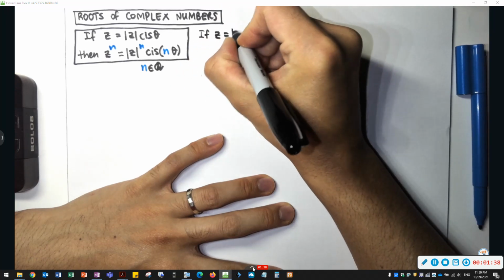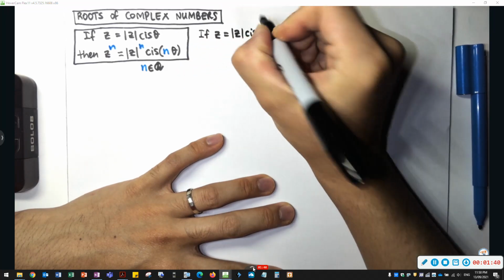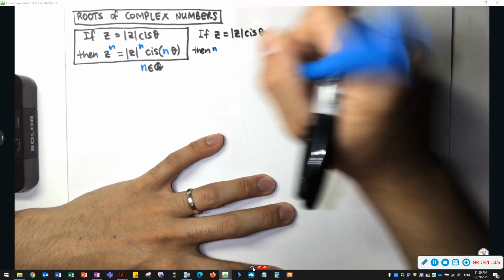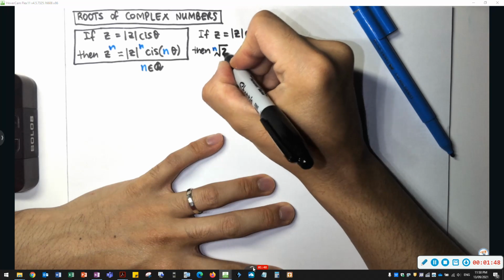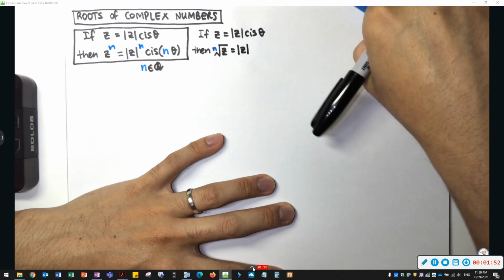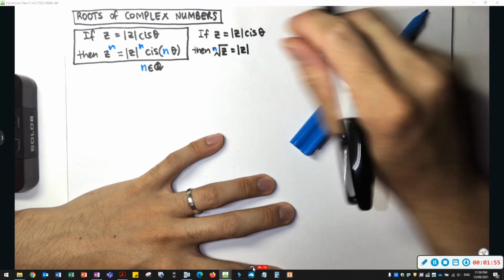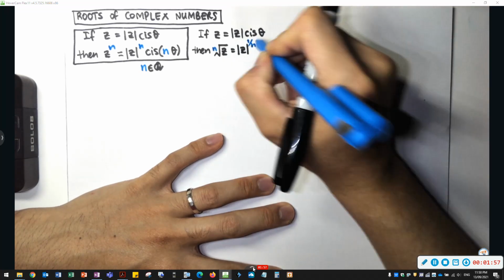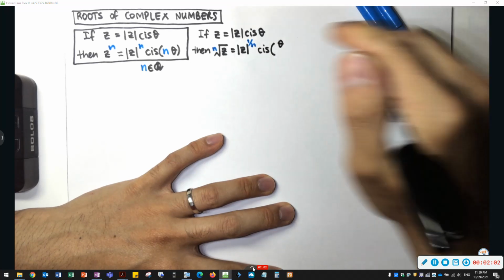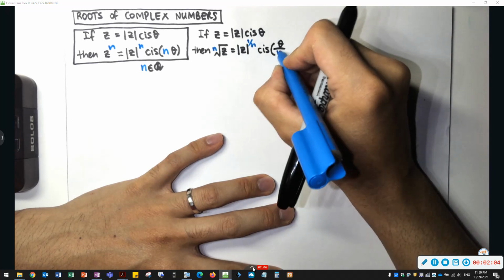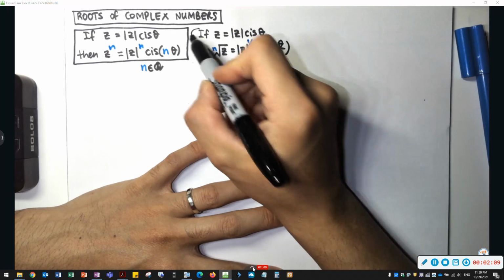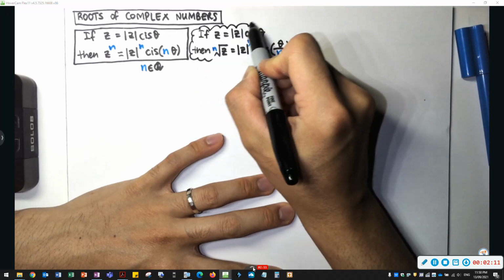If z equals modulus of z cis theta, then the nth root of z will be the modulus of z to the power of 1 over n, and then cis theta divided by n. Okay, so we're dividing by n because when you multiply by 1 over n, that's another way of writing that fraction.